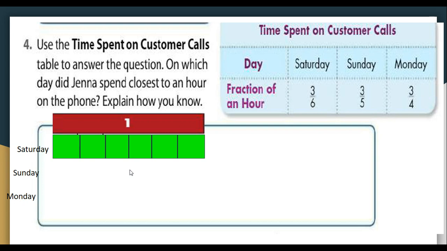I'm looking at the numerator, and the numerator says 3 parts of that whole hour, which was 6 parts, she spent taking customer calls. So this is what 3/6 would look like.